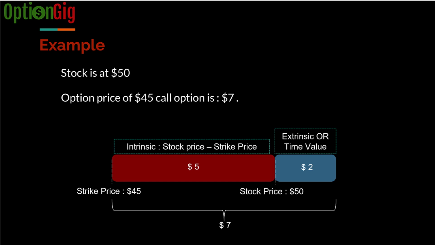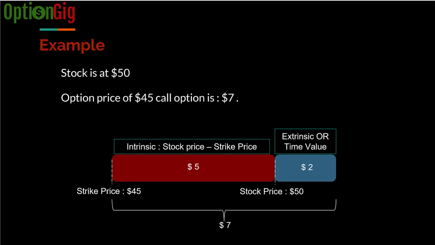Now out of this $7, $5 is the intrinsic value of the option contract. Why? Because your current stock price is at 50, your strike price of the option contract is at 45. Means if you forget everything else, you have a right to call the stock, or to buy the stock, at 45 when the stock is actually trading at 50 in the market.